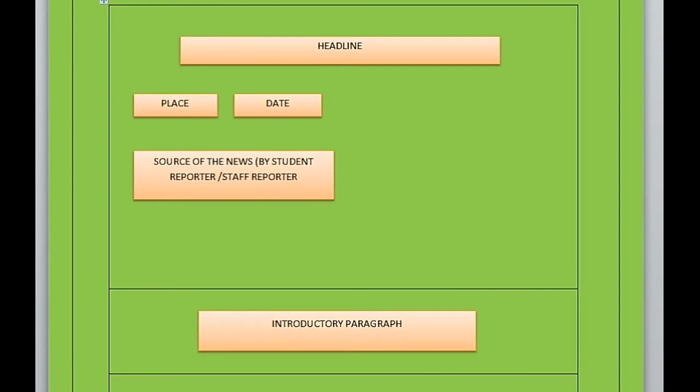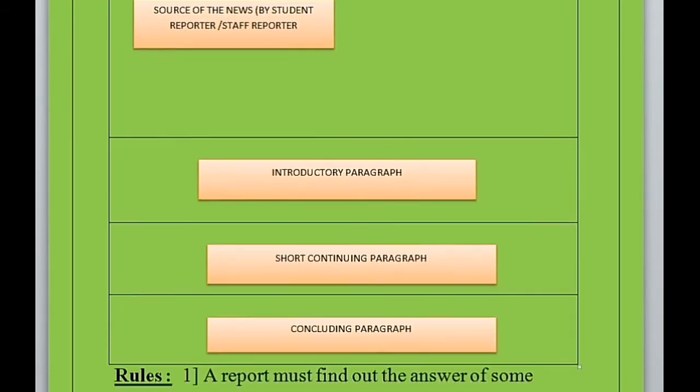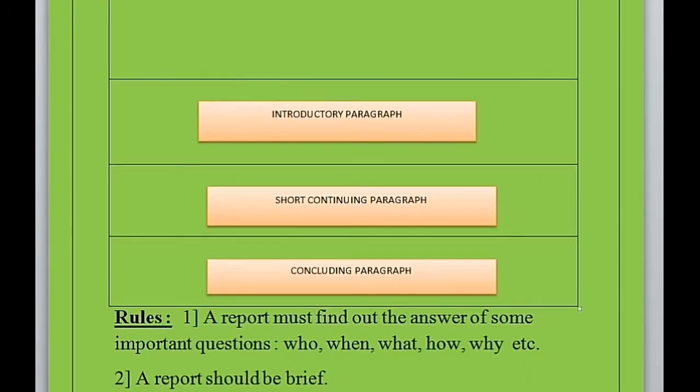After that comes the report itself, which should have a minimum of three paragraphs, three or four. The introductory paragraph first, then the continuing information paragraph, and the last one is the concluding paragraph.